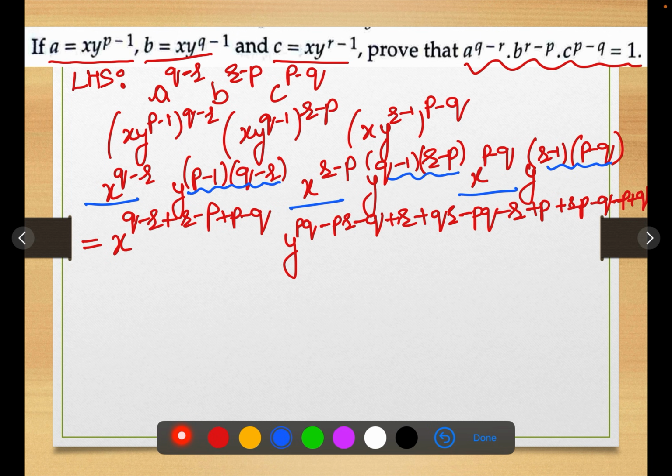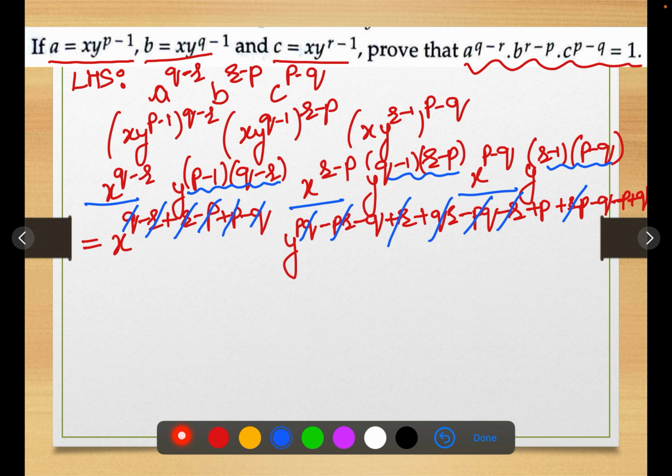So let's study and see. Here I can reduce this and this. Here pq plus pq minus pq minus pr here minus q plus, oh, this is not minus this, so I cannot reduce here, plus r minus r plus qr minus qr.